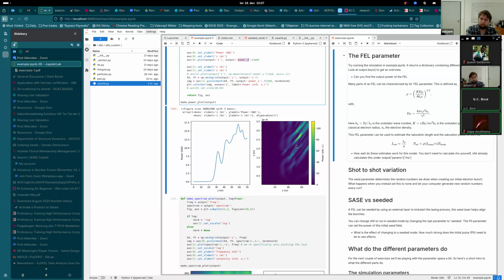Then we get very strong pulse-to-pulse fluctuations in both the time structure, like this peak structure in every pulse, and also the spectrum. Can we see the?